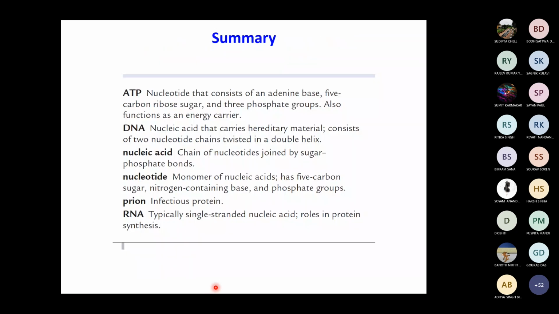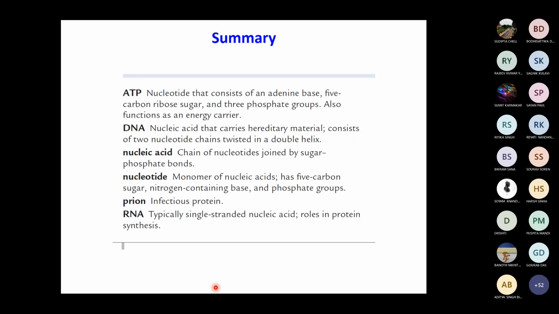Let's summarize what we have discussed. We know about ATP. ATP is a nucleotide that consists of 3 parts: a base, a sugar, and 3 phosphates. The name says adenosine triphosphate. Adenosine, what kind of base is it having? Nitrogenous base.